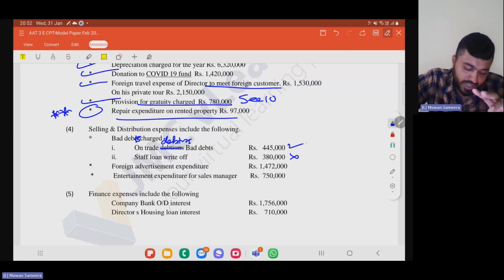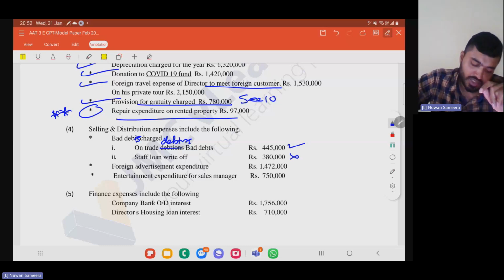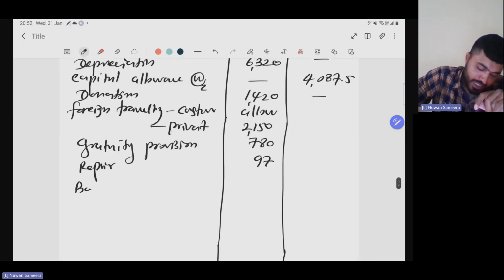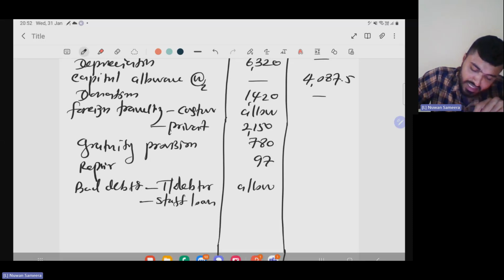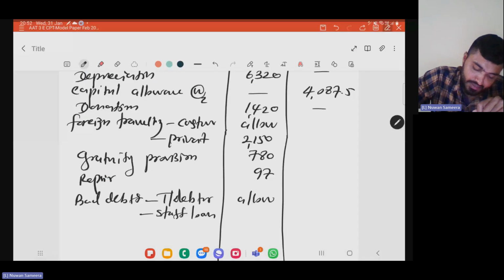However, my dear students, any special provision or general provision for doubtful debt is not allowed. So the bad debts under trade debtors are allowed, but the staff loan is not allowed. Therefore, you have to add back 380.